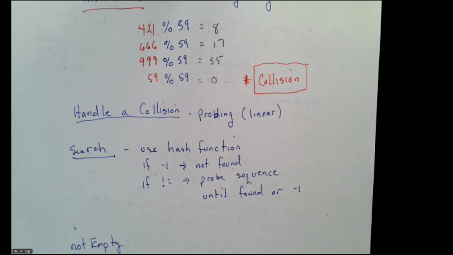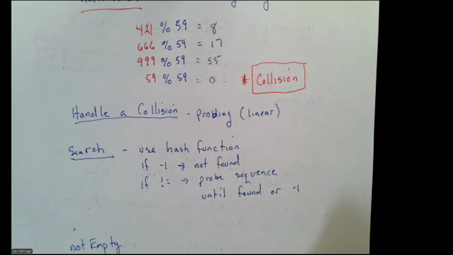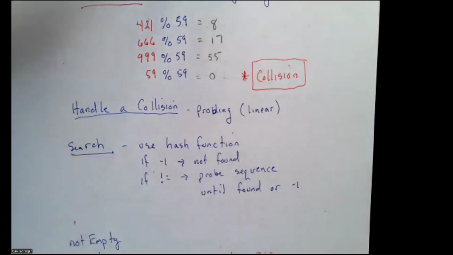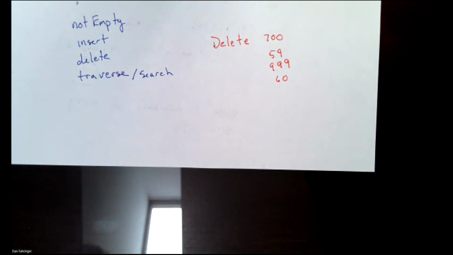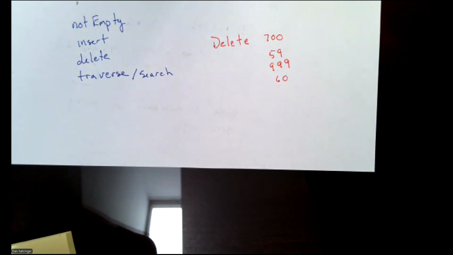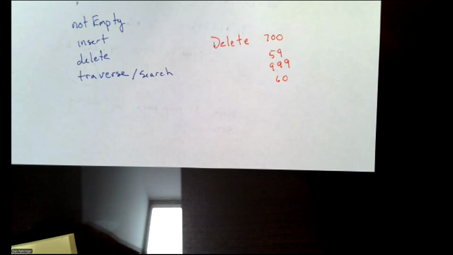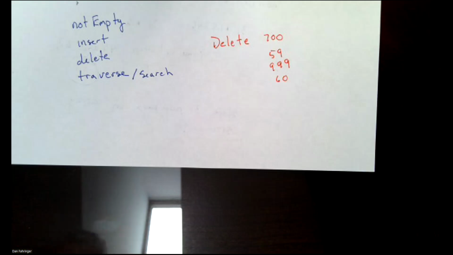We want to delete 999. We want to delete 60. All right, so I made a list of some numbers down here: 700, 59, 999, and 60.